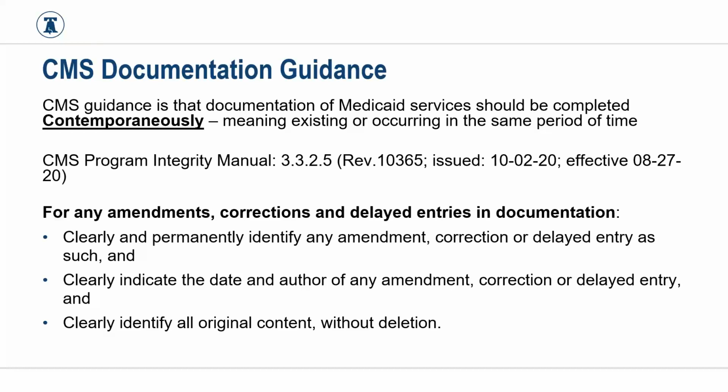CMS also indicates if for some reason that can't happen, maybe a staff just inadvertently had to leave their shift early, there was an emergency, something happened, they weren't able to do their service documentation for that day. They may have emailed a brief summary to their supervisor, and their supervisor went in the system and documented on their behalf.